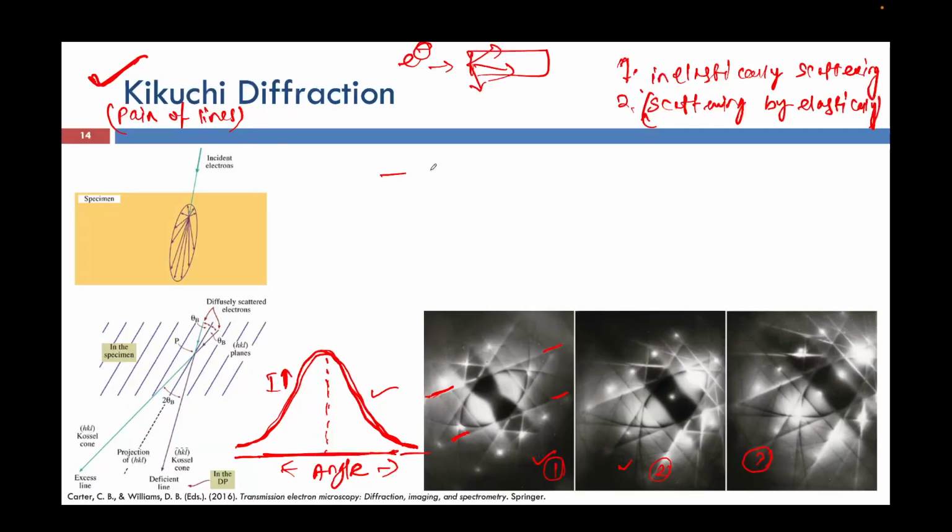let's say I am taking, this is my specimen. This is my screen I am talking about. Let's say first my incident beam is coming, and there are different types of planes.